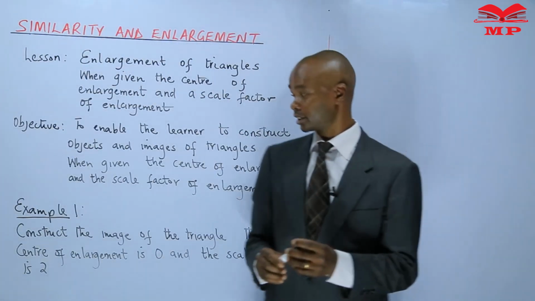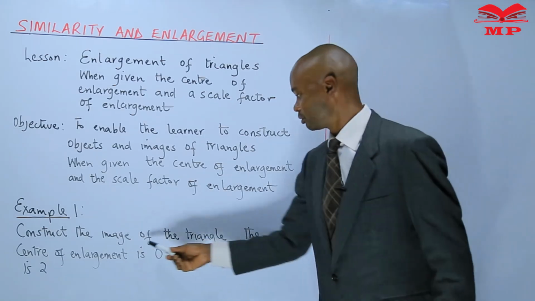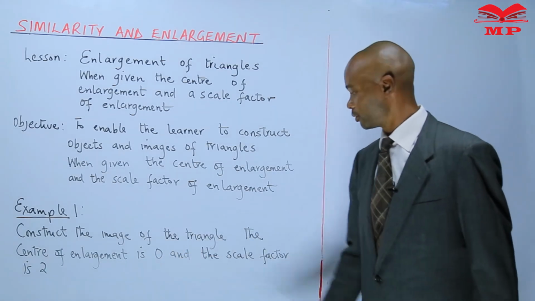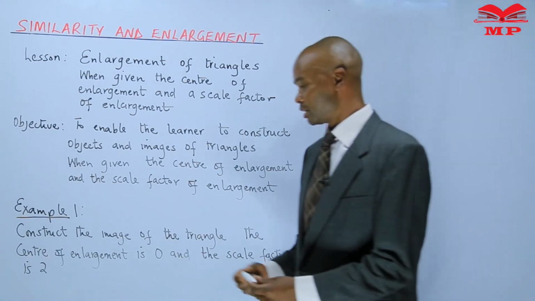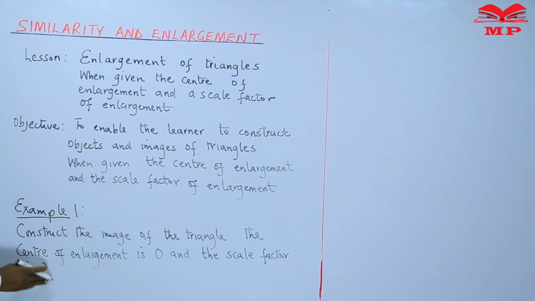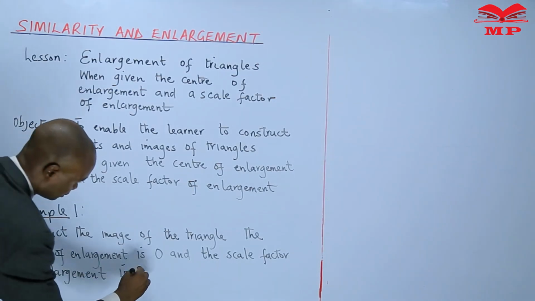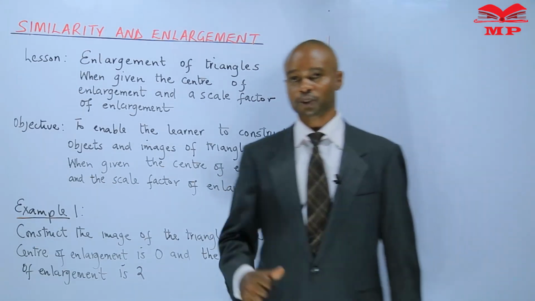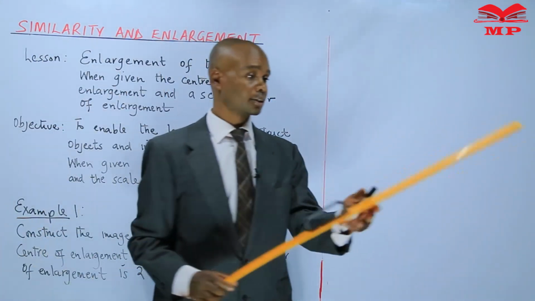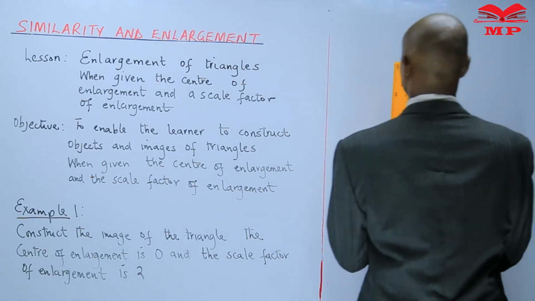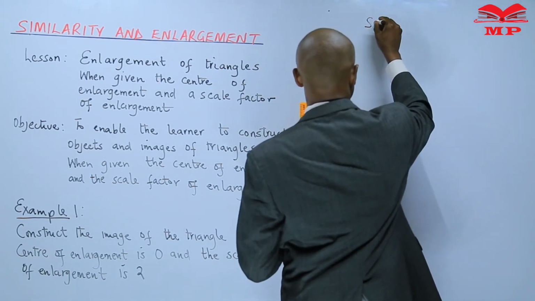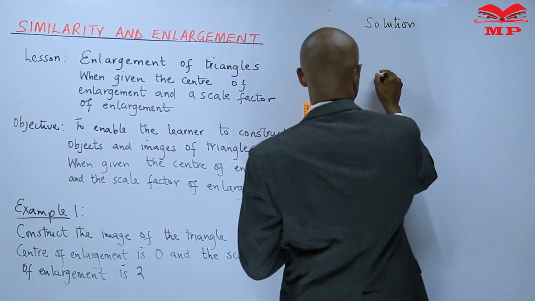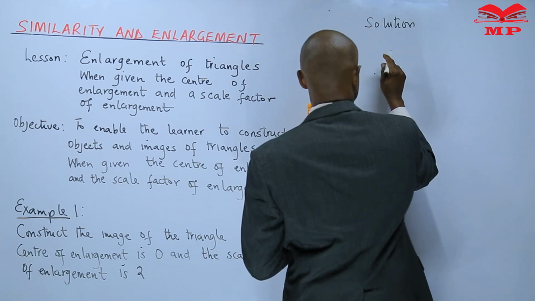So we read through that example. Construct the image of the triangle. The center of enlargement is O, and the scale factor of enlargement is 2. So we go straight to the solution.